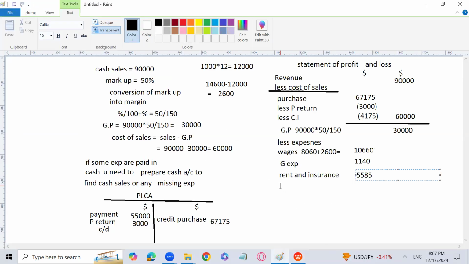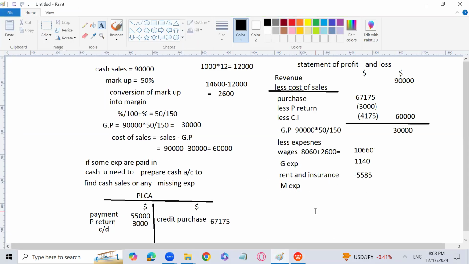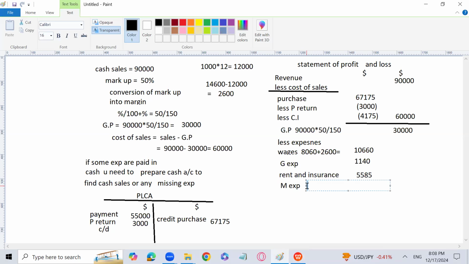Then there will be motor expenses. It is clearly said that out of the motor expenses of 4,992, 1/3 is going to be used for the private car. So 1/3 of 4,992 will be subtracted, because that is going to be the drawings. That is 1,664.